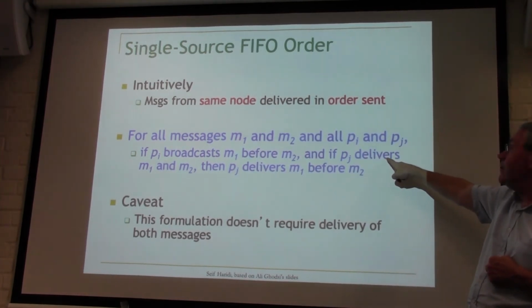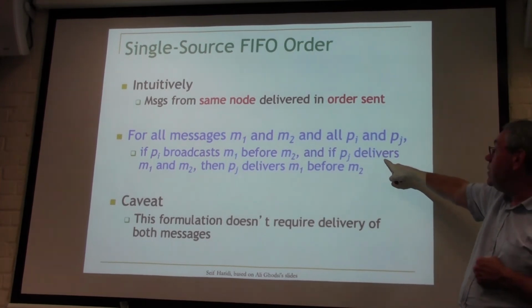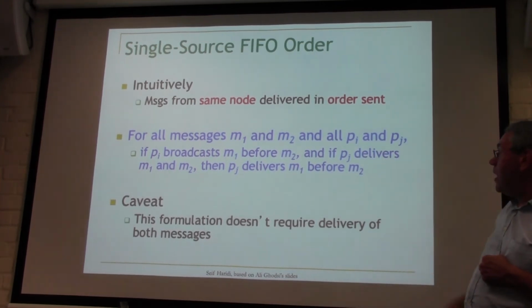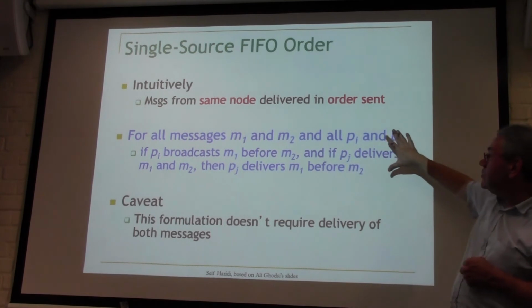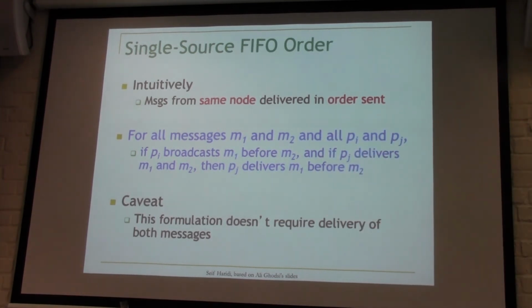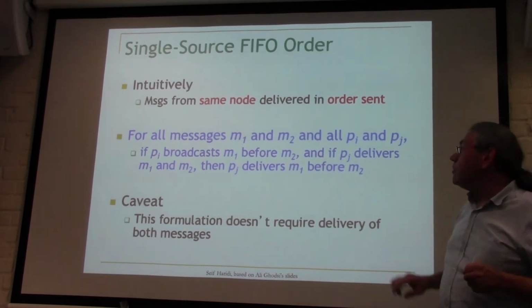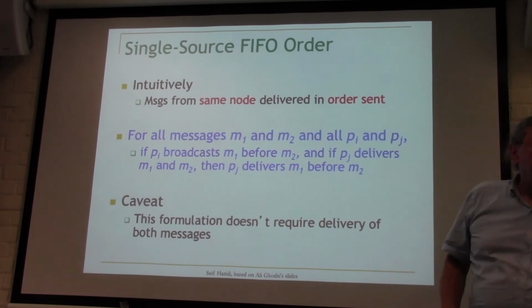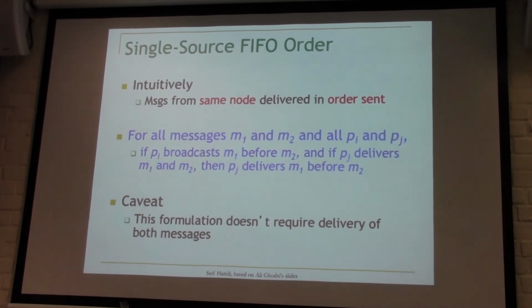What does it say? If Pj delivers M1 and M2. So this is only telling me something in the case that both messages arrive, okay? It doesn't require delivery of both messages. It's only enforcing the order for the actually delivered messages.